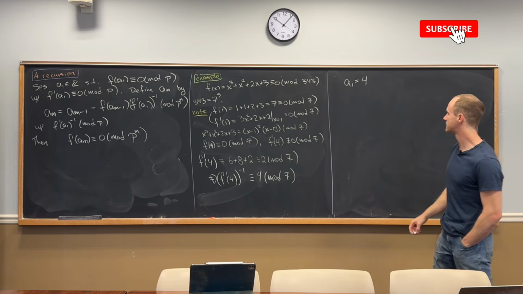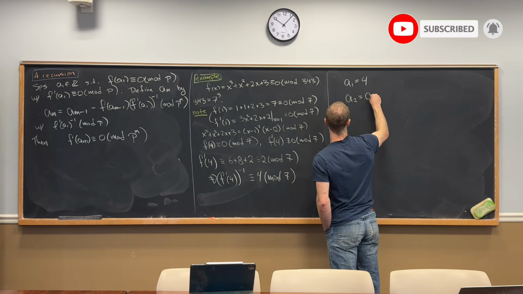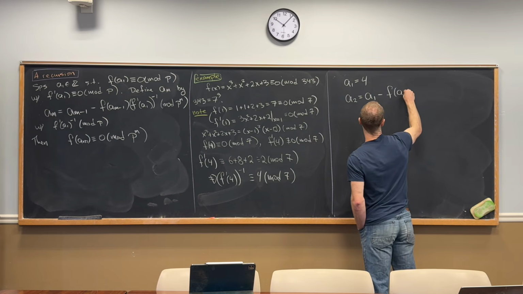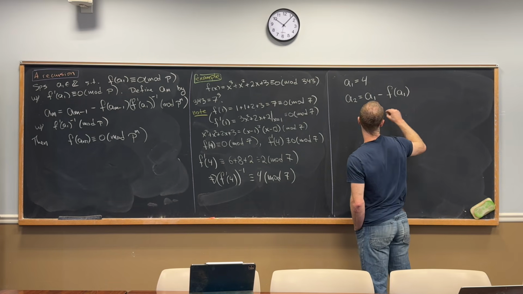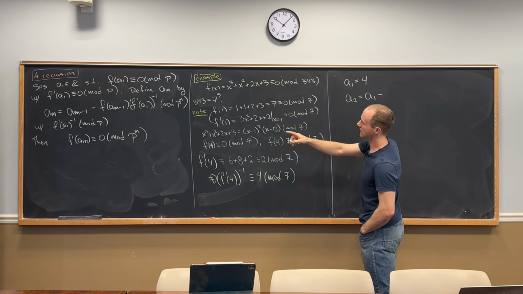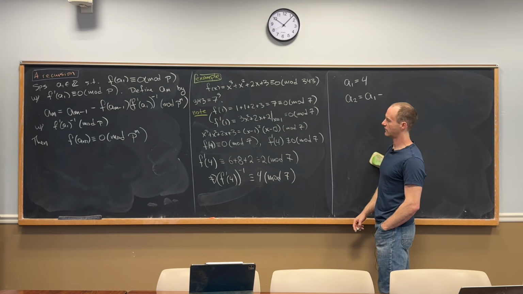So A1 is 4. Okay, so if A1 is 4, tell me what A2 is. A2 is A1 minus f of A1 times f prime of A1 inverse.